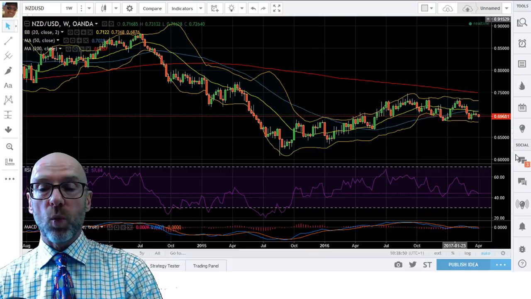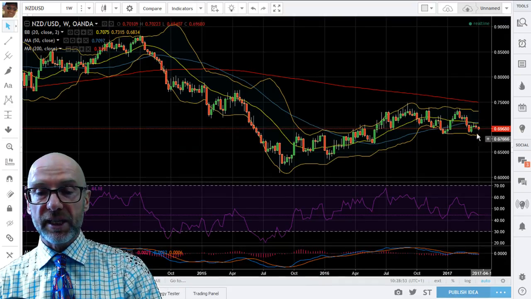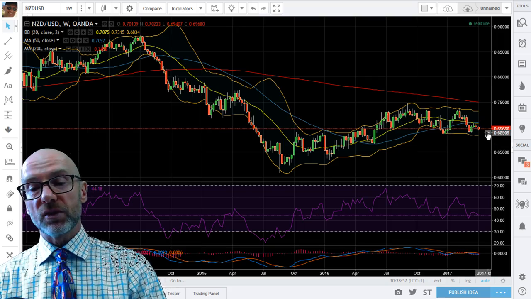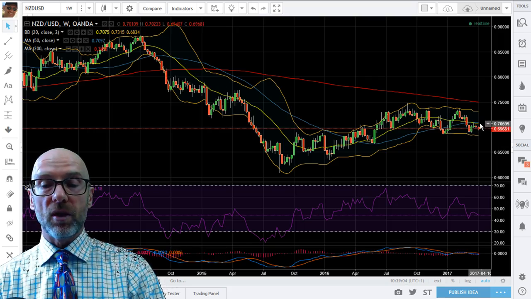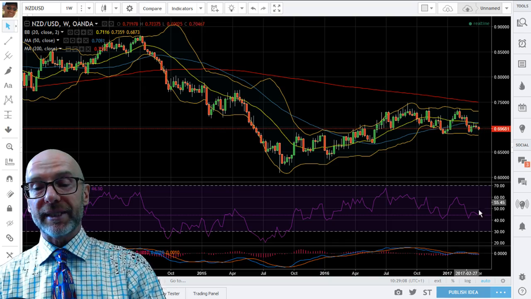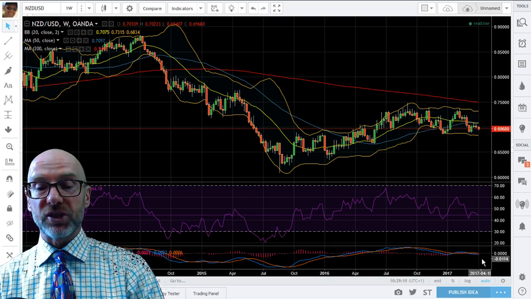Looking at the weekly, again you can see that range trade that I've been talking about. You've got the 20-week moving average, the yellow line, just above the market, and the 50-week is at about the same point. The RSI again slightly negative, MACD negative.